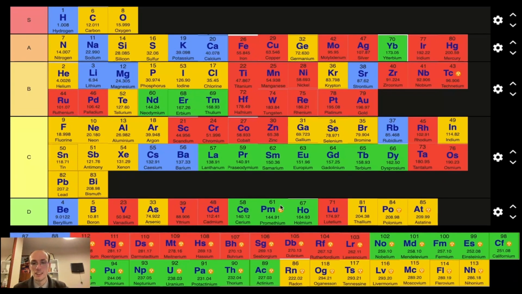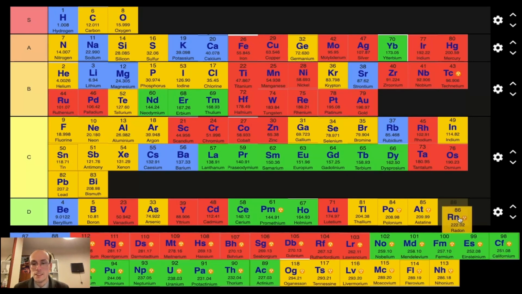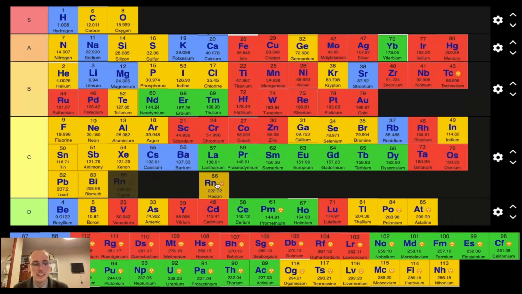Next up is radon, which is here, 86. It's a noble gas, so we thought it's going in this section, but it does get some bonus points for a couple of reasons. So radon is produced from the decay of radium-226, which is found in granite. Now, radium-226 and radon, both radioactive. So I live in Aberdeen, the Granite City. I also got cancer in Aberdeen.